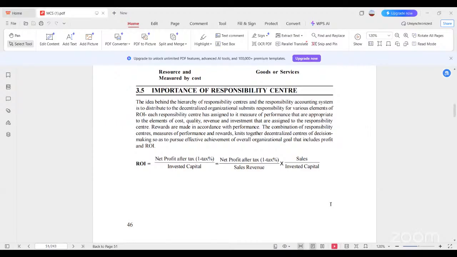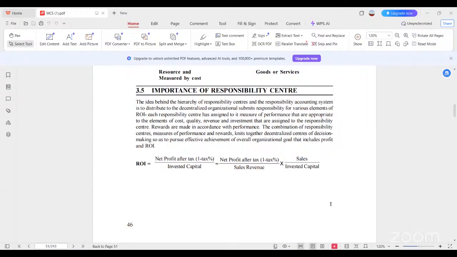So here, organizations are often decentralized, meaning decision making is distributed across departments, divisions, and different units. So the responsibility centers try to help assign accountability for cost, for revenue, for quality and investment. And they link performance measurements, rewards, and organizational goals.